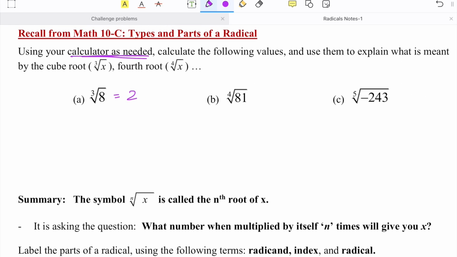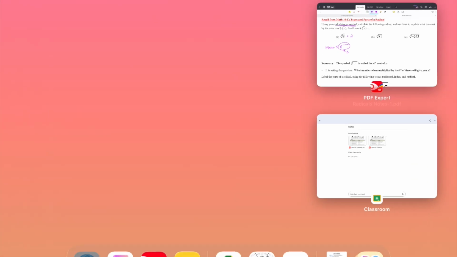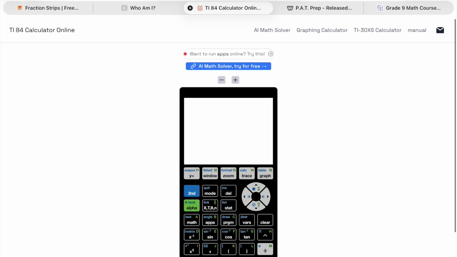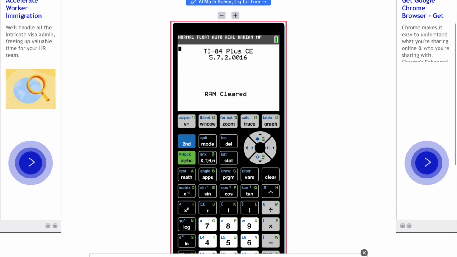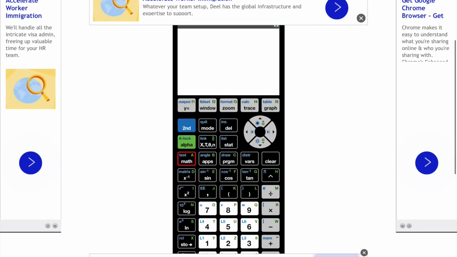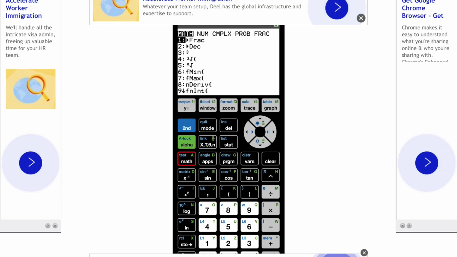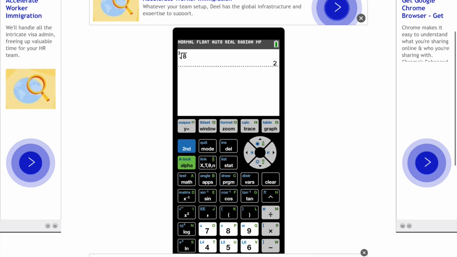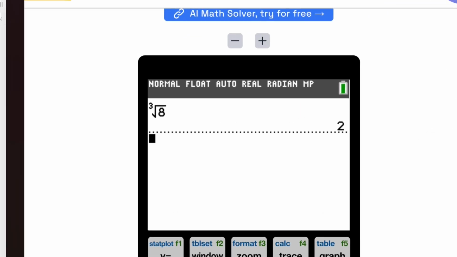The function that you use your calculator for is math 5, and it gives you a template, and then you put the number 3 over here. So it'll be math, then 5, then you put 3, and then you put 8 over here. You press enter and you'll get 2. Same thing over here.